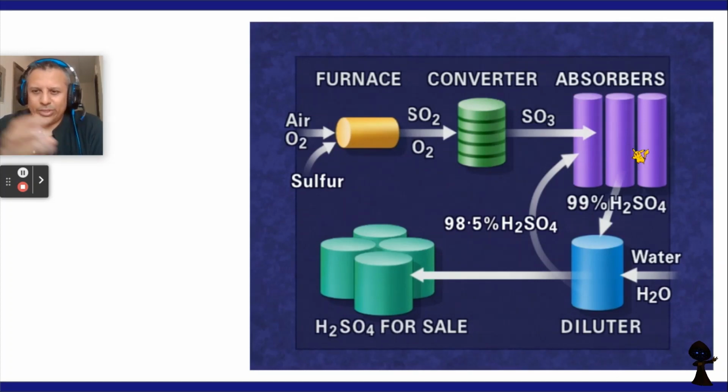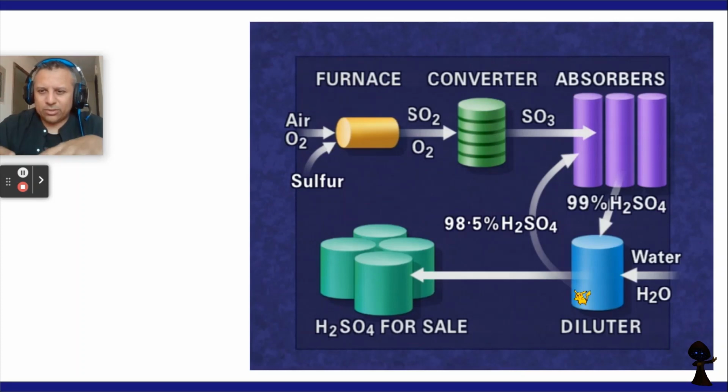And what you then do is you pass this super concentrated version of sulfuric acid through a diluter, and at that stage you slowly add water. When you slowly add water, there's heat generated, and again you can remove that heat through the water coils, which turn the water within the coils to steam to sell off for electricity, keeping it positive in terms of economics.